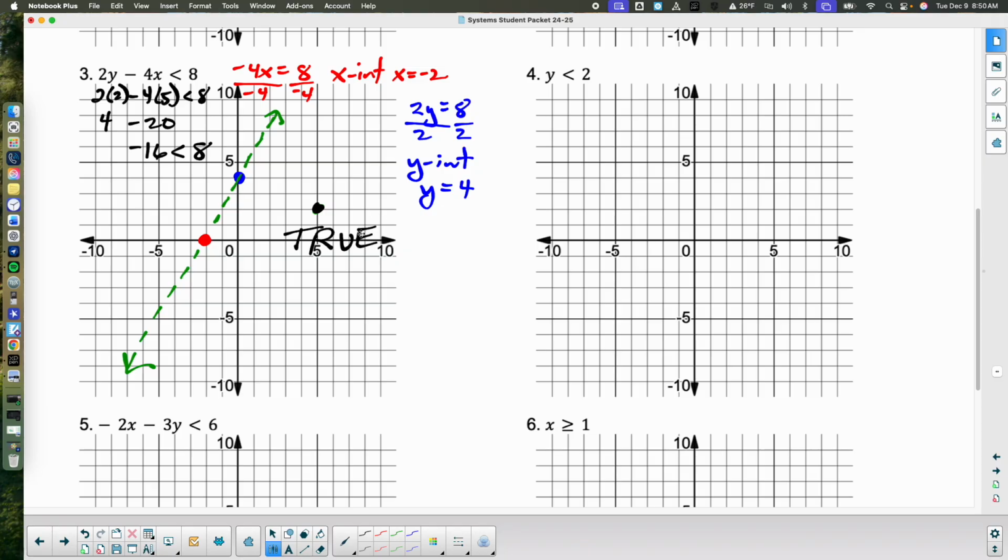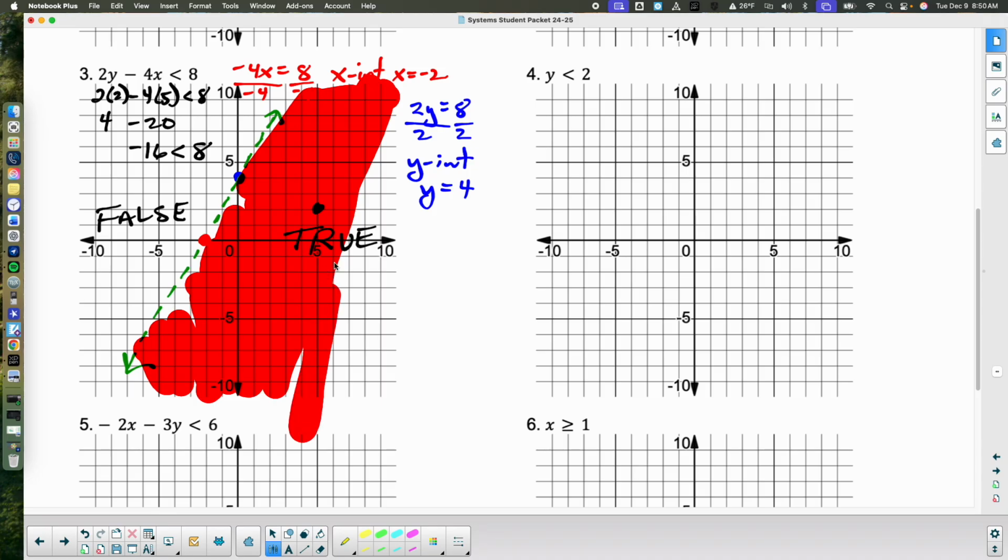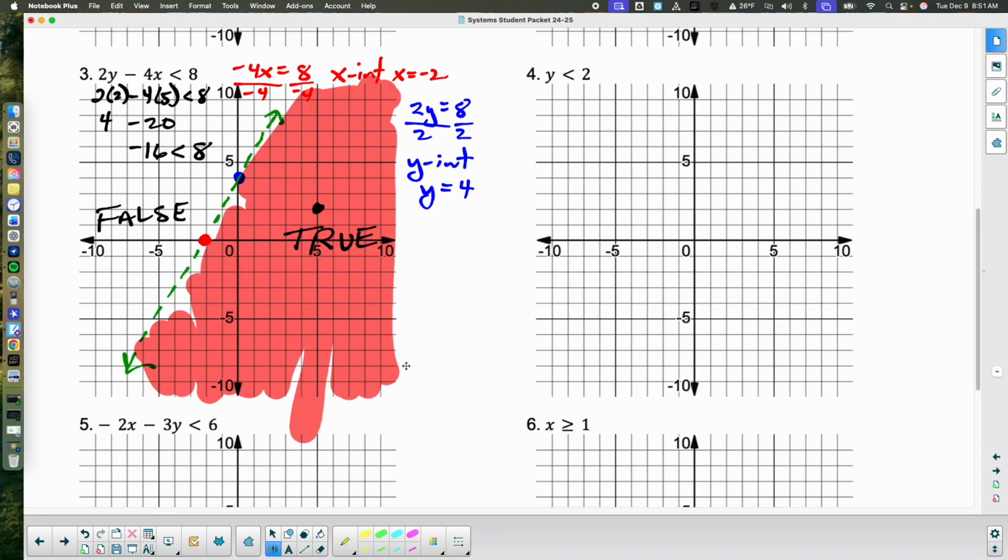So that means the section with 5, 2 is true, because it is less than 8. That would make this false, and I'm going to shade the half that is true. That was some terrible shading. We'll go with it.